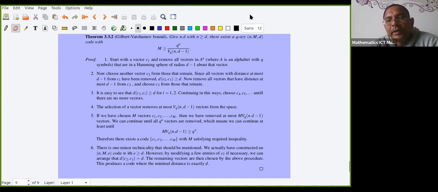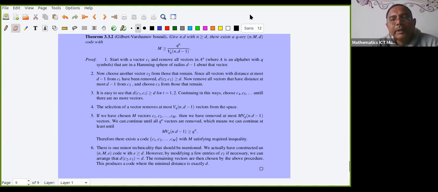It is possible to construct it with the distance d and q. So once n, d and q are given, we are trying to construct a code with size greater than or equal to q power n by this. That is the goal here.